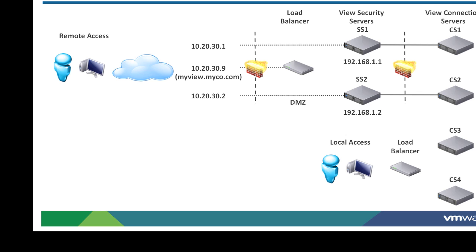The final point worth noting in this diagram is although this diagram just shows a single security server per connection server, View does support the ability to have multiple security servers attached to each connection server. The reason why you may want multiple security servers per connection server is to manage the PCoIP load through the PCoIP gateway component on the security server.